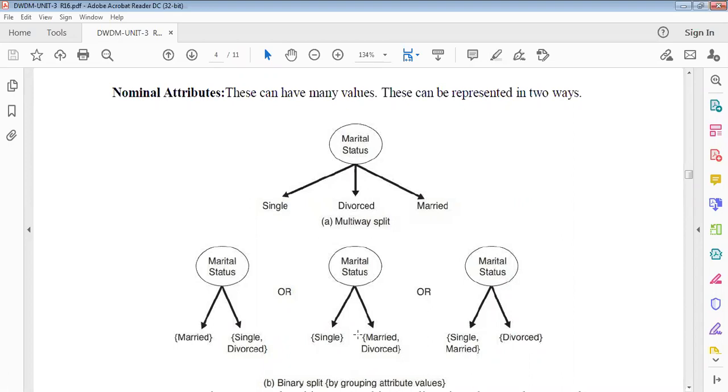So marital status is represented as single, divorced, or married. Here there are more than two values.